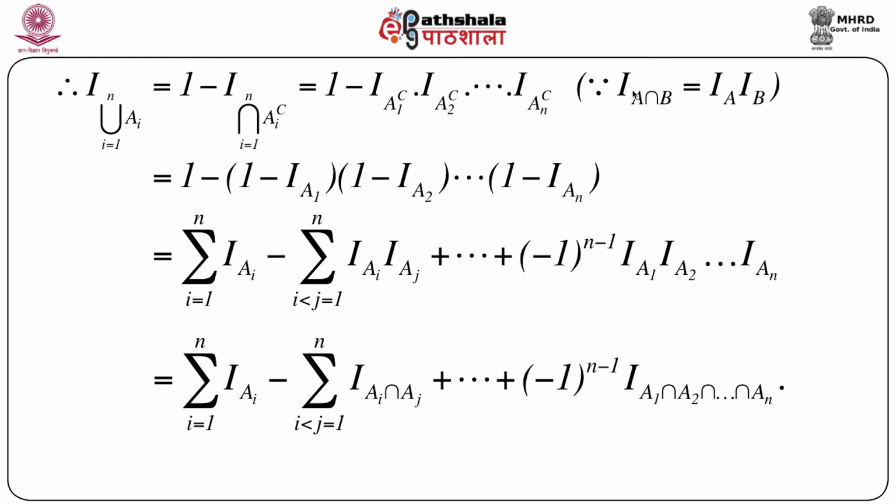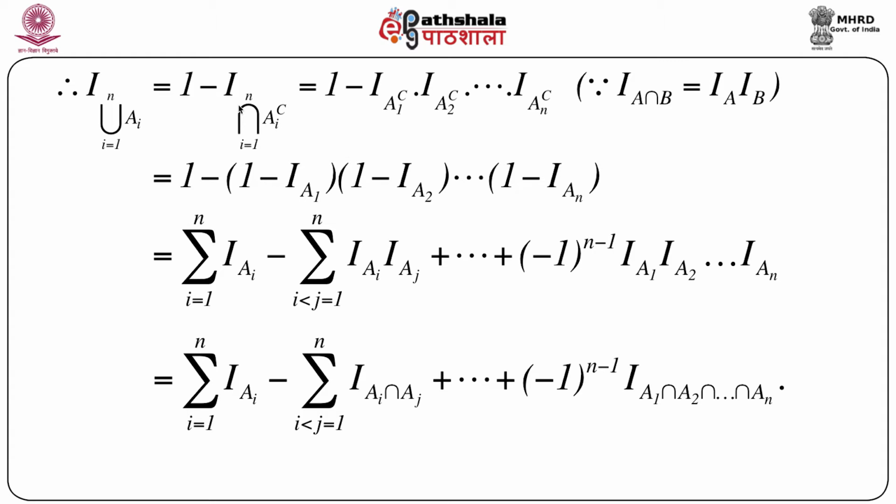Now we know that the indicator of the intersection of two sets equals the product of the indicator functions defined on the individual sets, and we can extend this to many other sets, so that the indicator function of the intersection of the Ai complements is nothing but the product of the indicator functions defined on each of these sets.